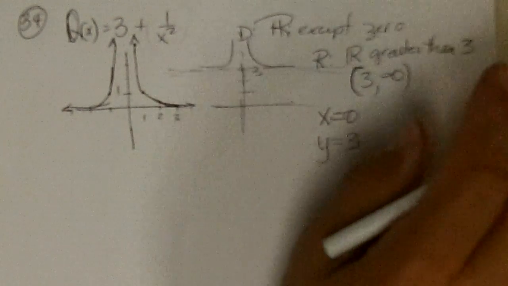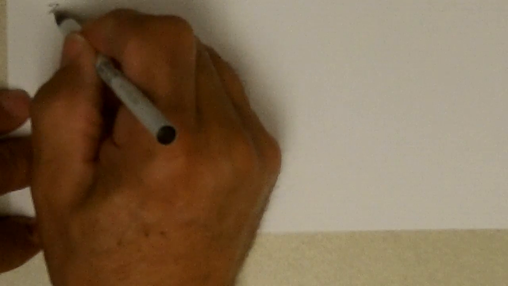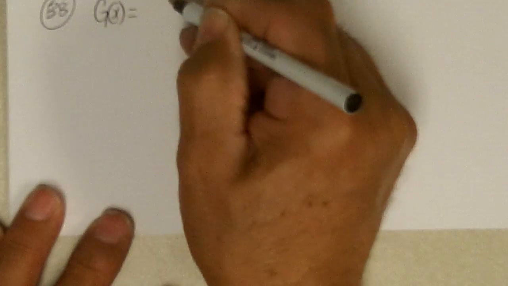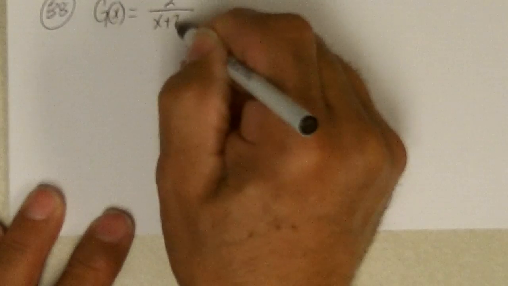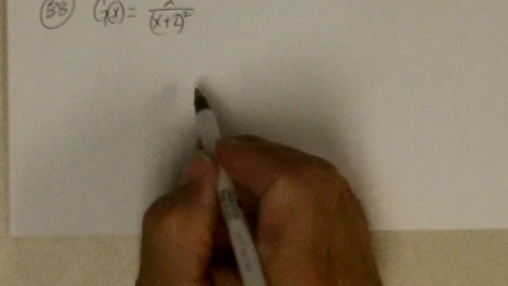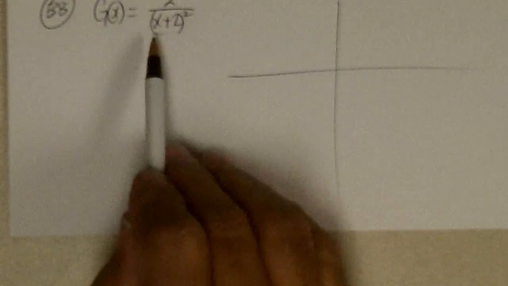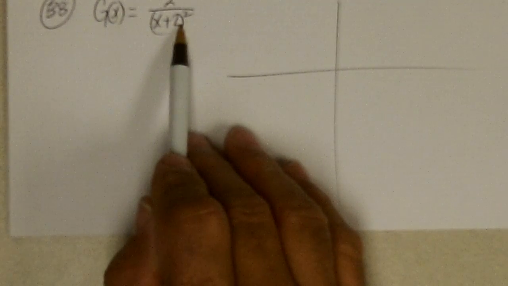And then we have to do, for folks, 38. 38 says g of x is 2 over x plus 2 squared. Okay. So first of all, x cannot be minus 2.